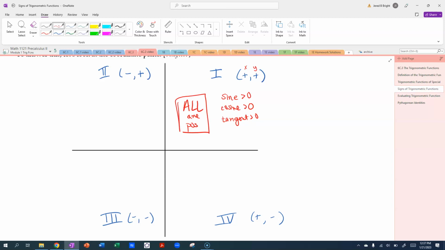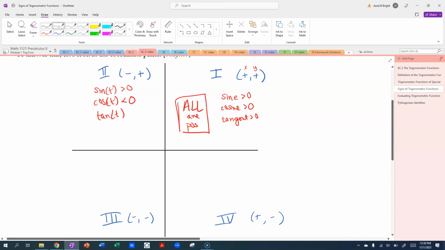In quadrant 2, if I look at sine of t, cosine of t, tangent of t, I'm just going to abbreviate these a little bit. Sine is our y, that's positive. Cosine is our x, is negative. And when you do a positive divided by a negative, you get a negative.